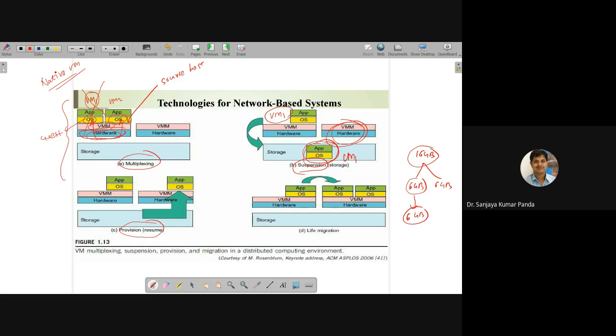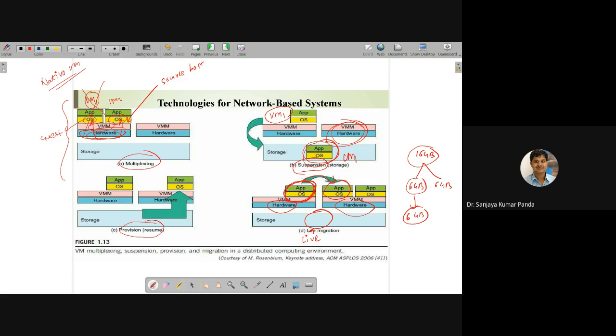But if you go for the process of live migration, once you decide that, let's say, this virtual machine I want to migrate from this hardware to another hardware, without suspending this virtual machine, storing it in the storage, and again resuming the work, you can directly do it.